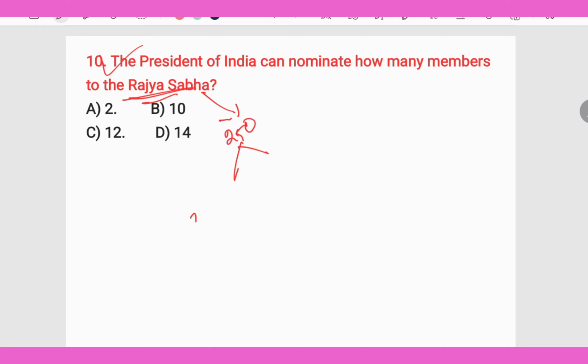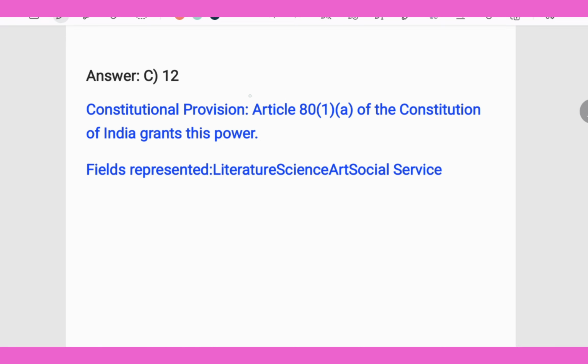Out of 250, 238 are elected by the states, but 12 are nominated by the president on the basis of art, literature, science and social service. Article 80 clause 1 of the Constitution of India grants this power.